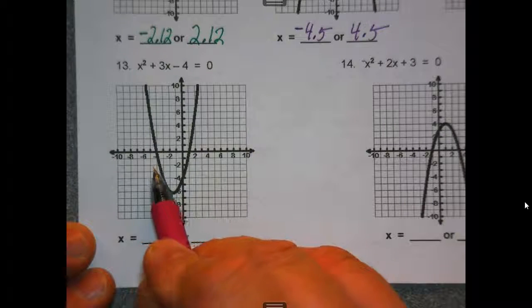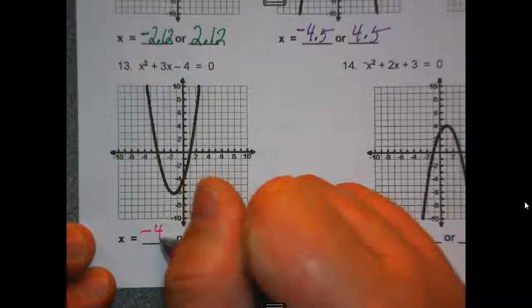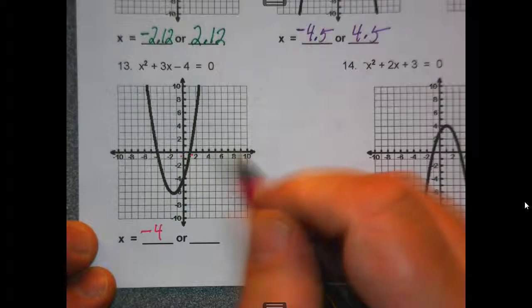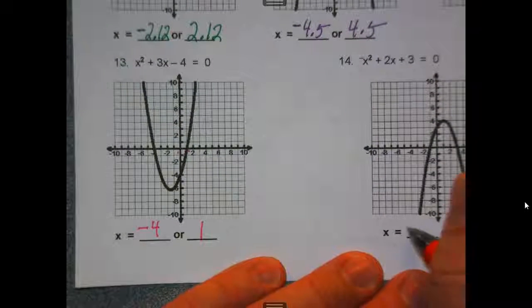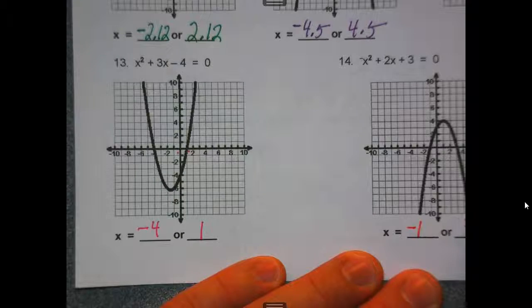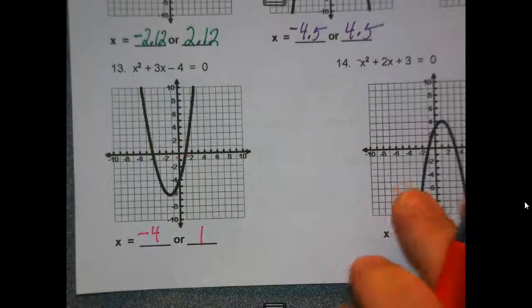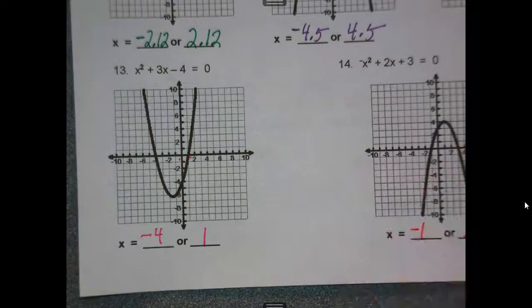Negative 4 and positive 1. And 14? Negative 1, positive 3. Okay?